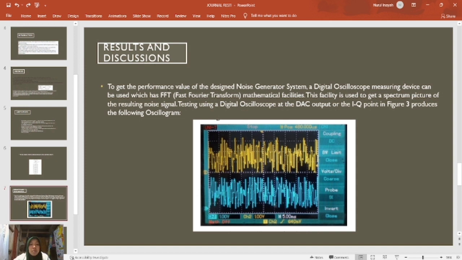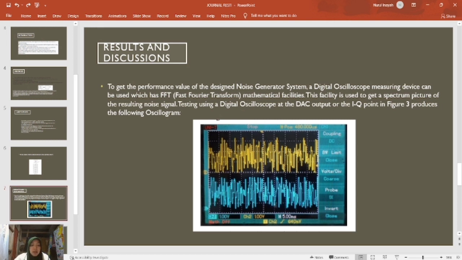To get the value in the designed generator system, a digital oscilloscope is used, measuring the scan with the fast Fourier transform. The files are used to get the spectrum picture of the oscillating noise signal. Testing using the digital oscilloscope and the DAC output are the eye points in figure 3, produced with the following oscillogram.